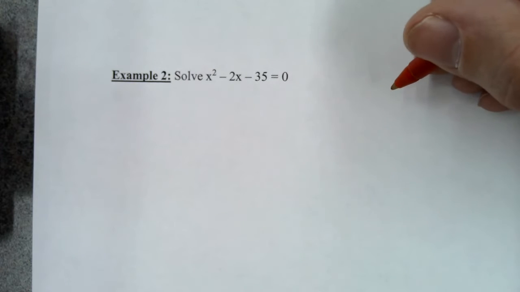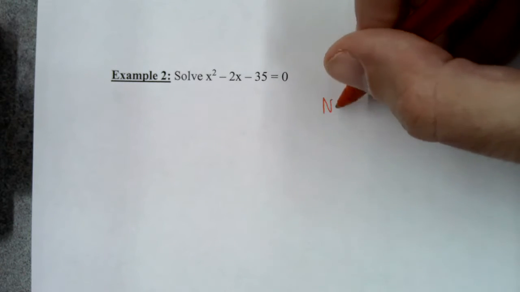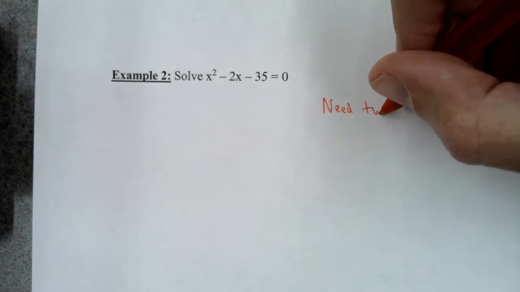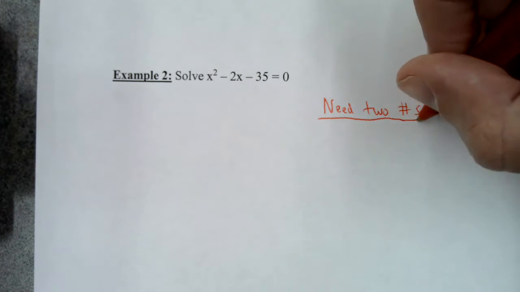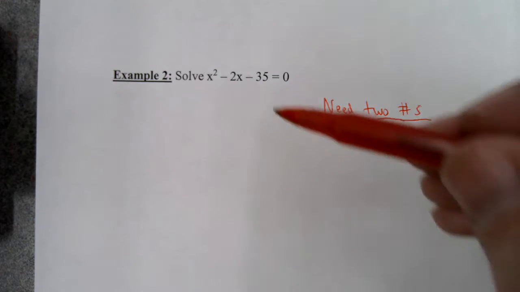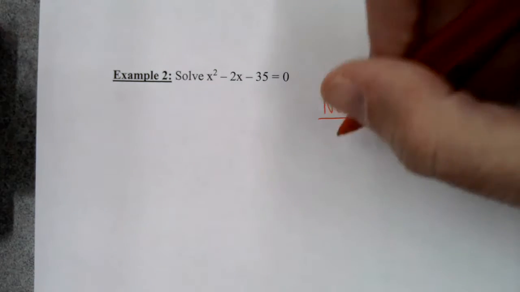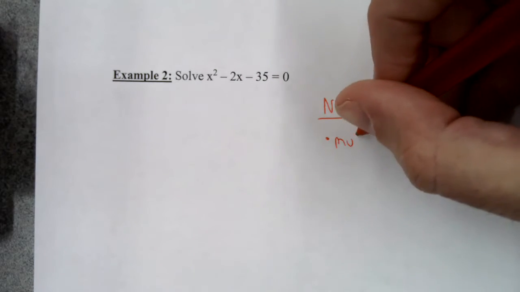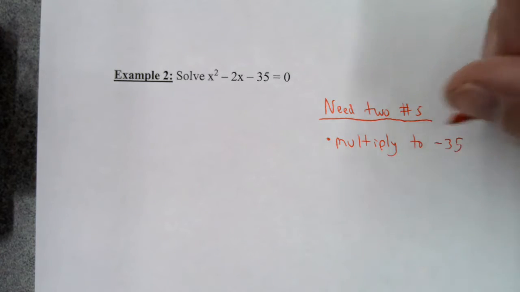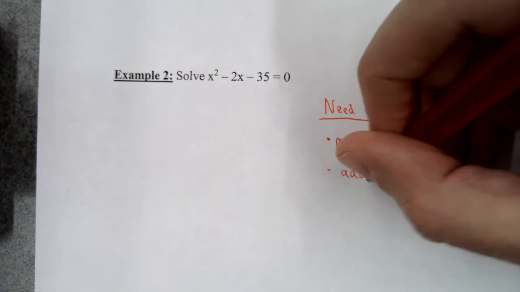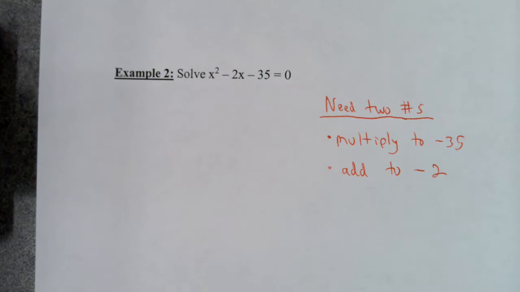All you have to do is find two numbers that multiply to negative 35 and add to negative 2.